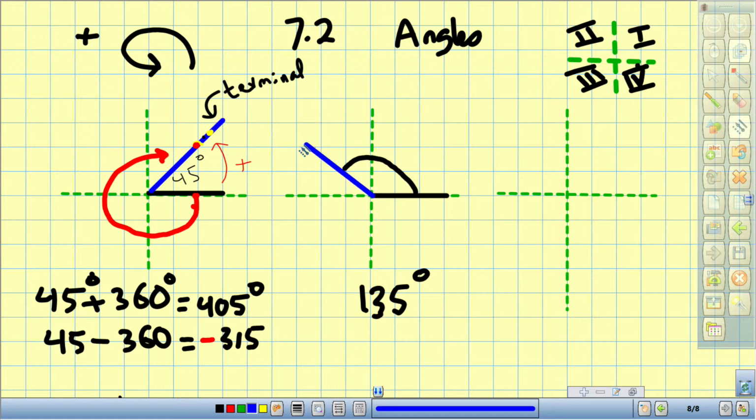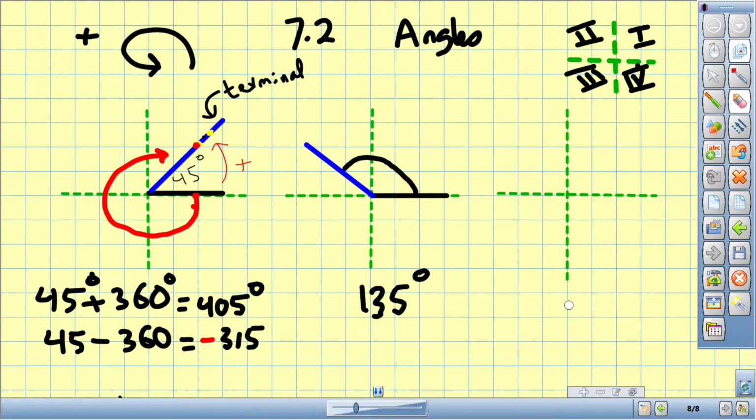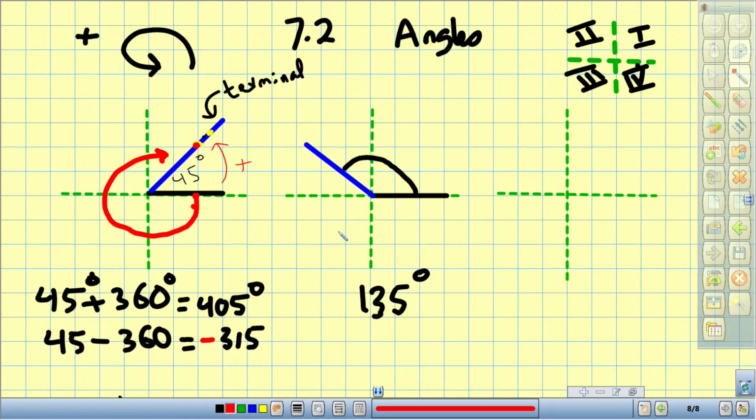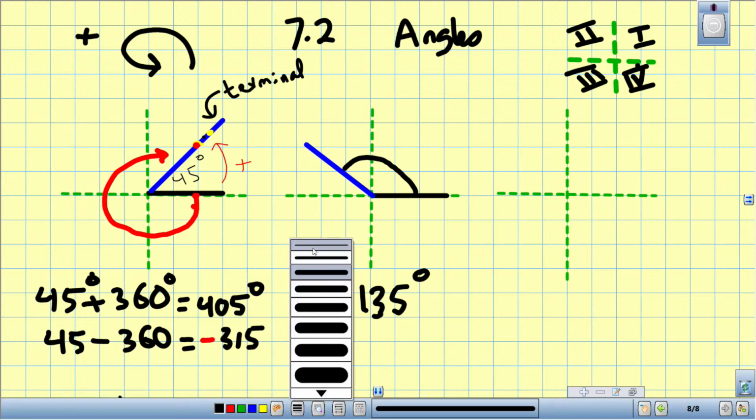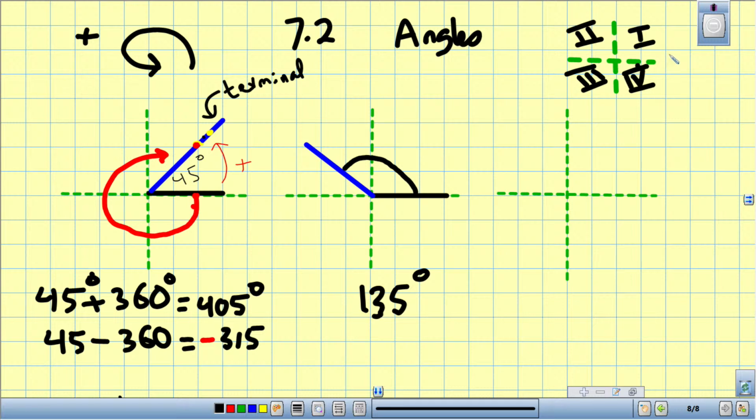Okay, well, based on that, where do you guys think I have the following angle? Let's say I have 260. Where's 260? First, second, third, or fourth? 0 degrees, 90 degrees, 180 degrees, and 270 degrees.